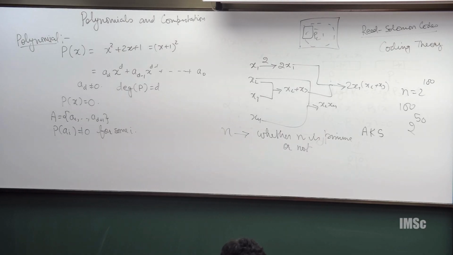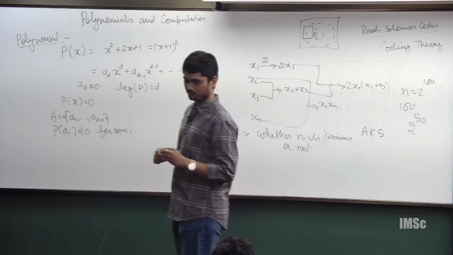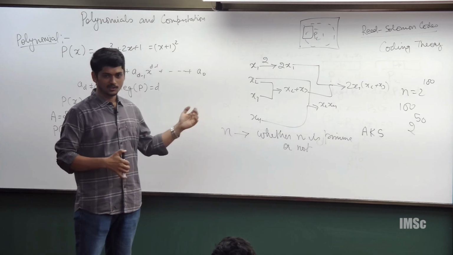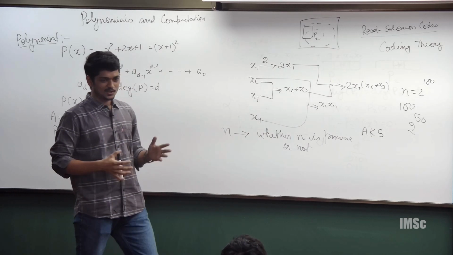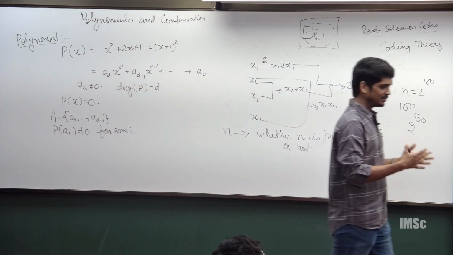And in fact, it is interesting to know that they were both undergrad students. Neeraj Kayal and Nitin Saxena were both undergrad students when they did this work. Of course, Manindra is a famous professor at IIT Kanpur. So they were working with him and they got this result, and more or less just for this result they got a PhD within 6 months of getting admitted.